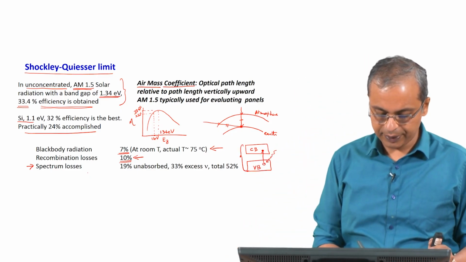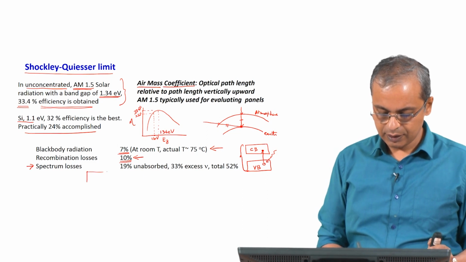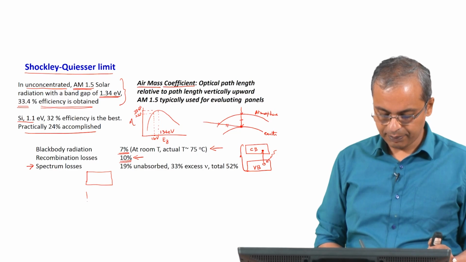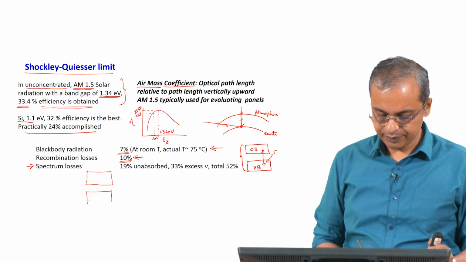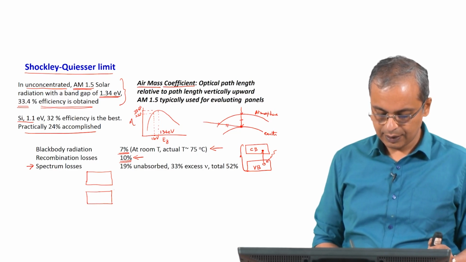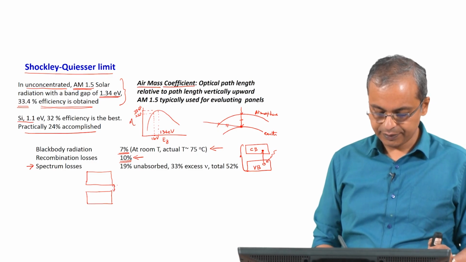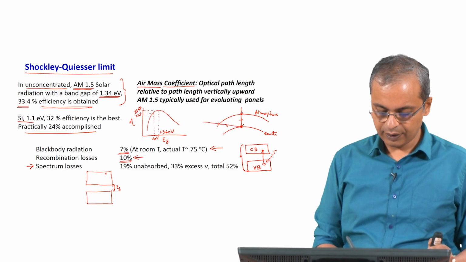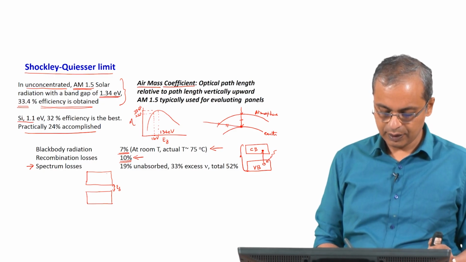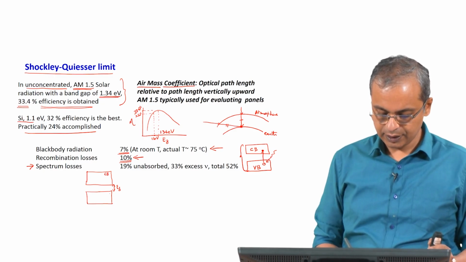So, let me just put that up here. We have a conduction band, we have a valence band, and we have this band gap Eg. Okay. So, this is the conduction band, this is the valence band.